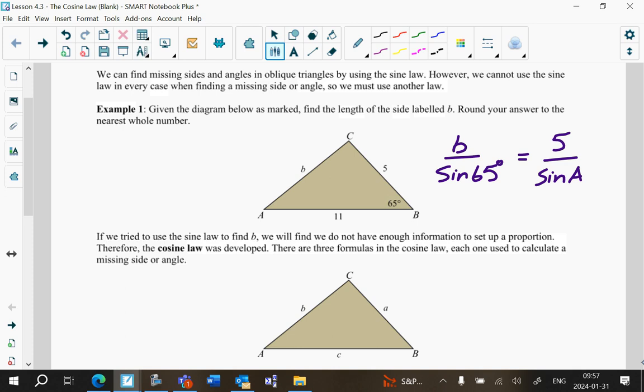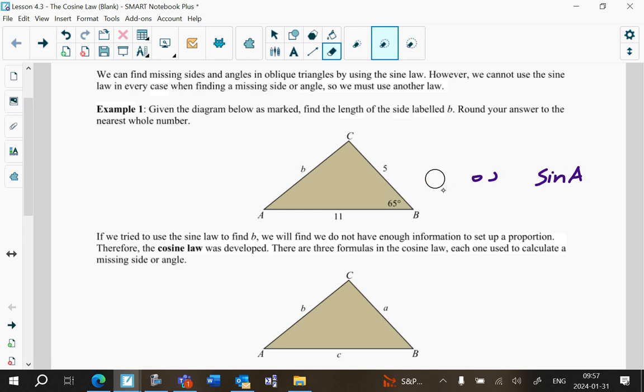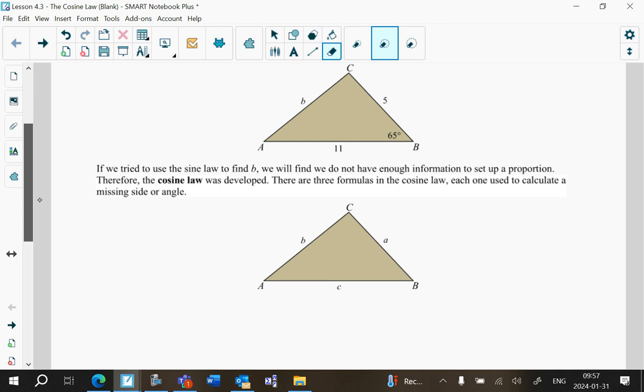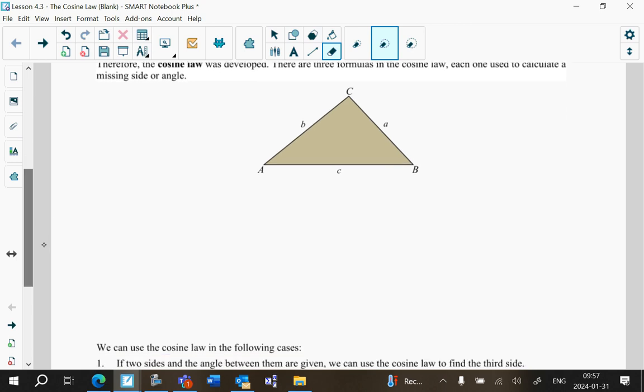And cosine law is a mix between using right triangle trigonometry and Pythagoras. You will get these formulas, or really you only have to know one formula for cosine law. Technically there are three. Here's cosine law.